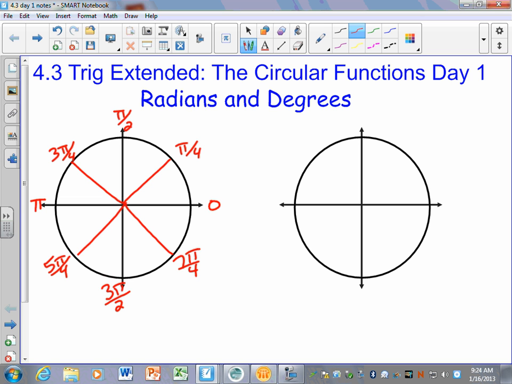Let's cut this from 0 to pi into 6 equal parts. So I think that would be roughly right here and right here, right? That would roughly, I'm a little off. A little bit bigger.